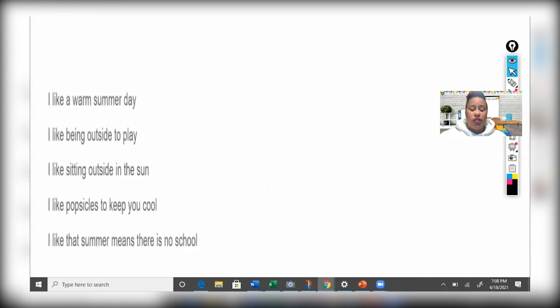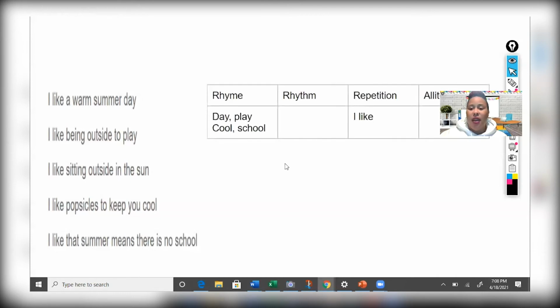Look at the poem we just read. Did you hear those different elements that we talked about that can be found in poetry? Maybe you noticed that there was some rhyme in the poem, like day, play, cool, school.